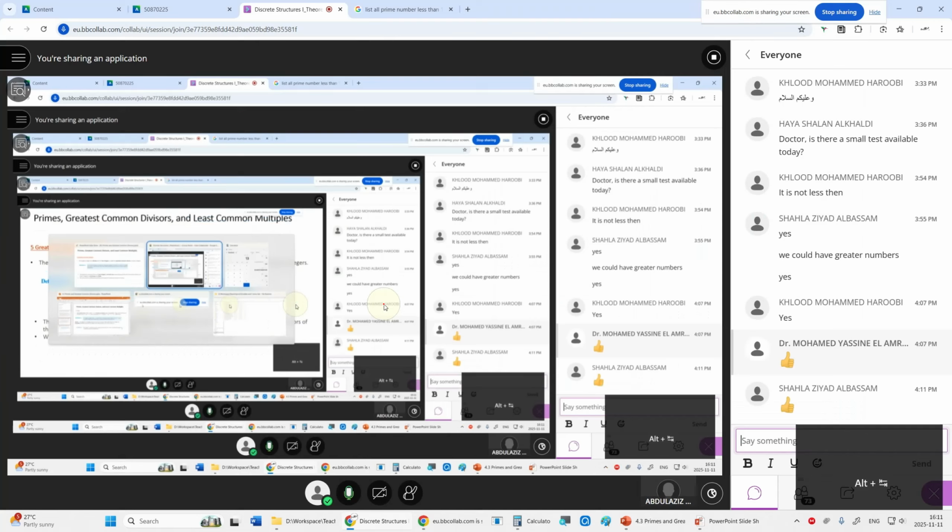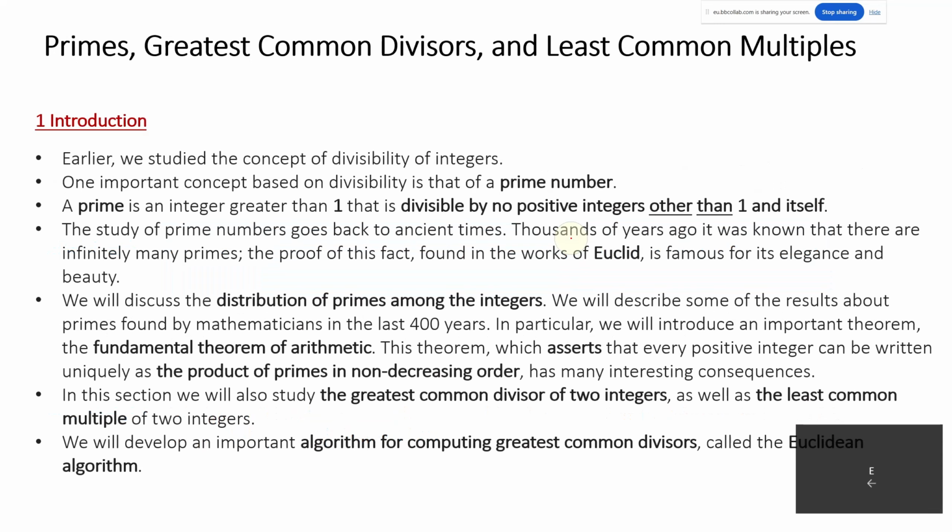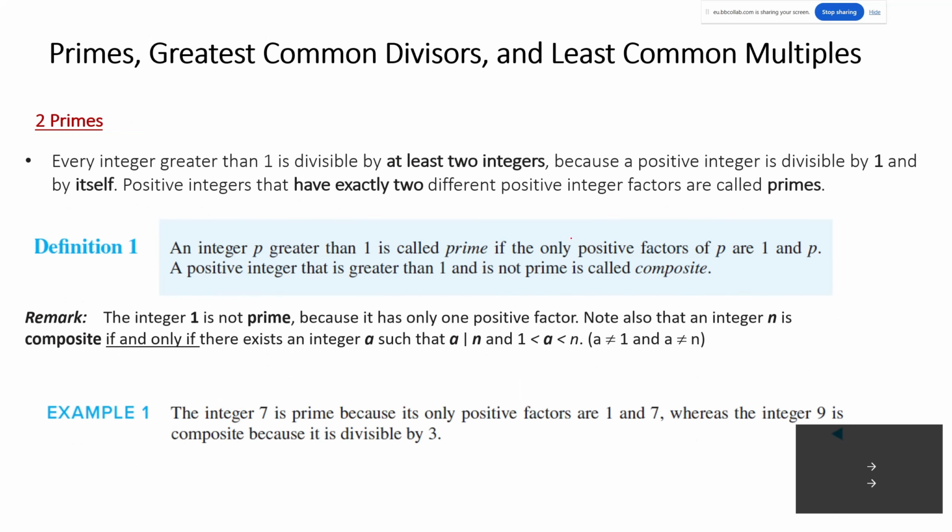Those prime numbers, so let's just summarize what we've seen about them. A prime number is a positive integer greater than 1, and it can be divided only by 1 or itself.